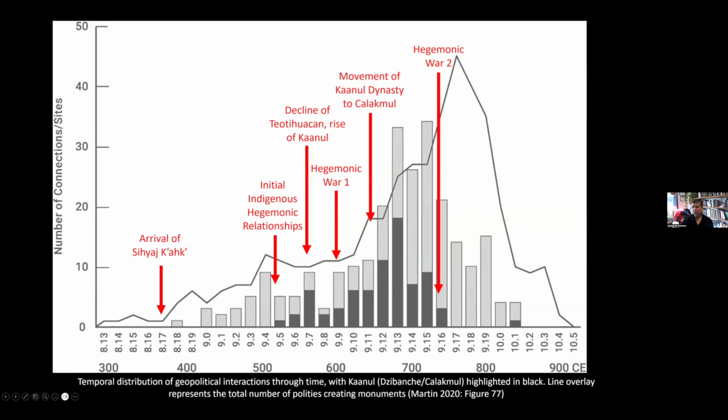We get indigenous, non-Teotihuacan-affiliated examples of this about a century later. And then that 590s moment is where we get a few defeats by Tikal and Tikal subordinates, and a lot of Tikal subordinates switch affiliation to Kanul at that point. That's where we start to see Kanul become a major political player.